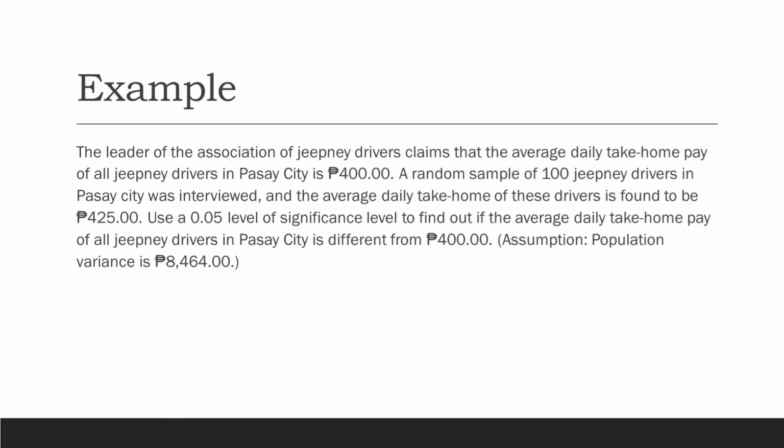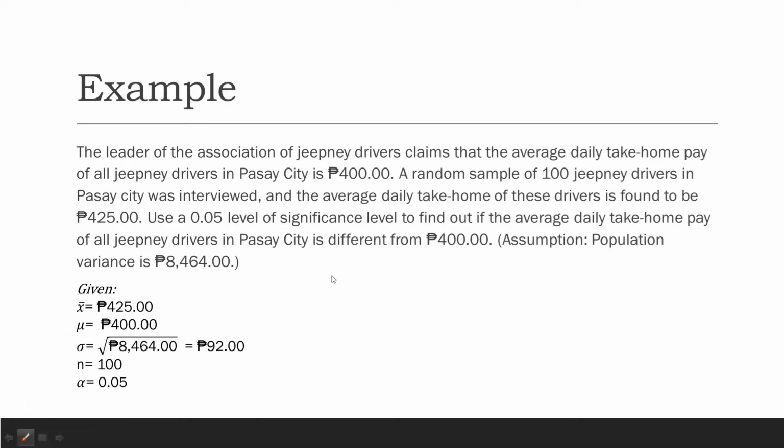So kung nakikita natin, marami tayong given dito. So, para mas hindi tayo malito, we can write the given that we have in our problem. First is the sample mean. Ang ating sample mean is 425 kasi, if you can see, a random sample of 100 jeepney drivers in Pasay City was interviewed and the average daily take-home of these drivers is found to be 425.